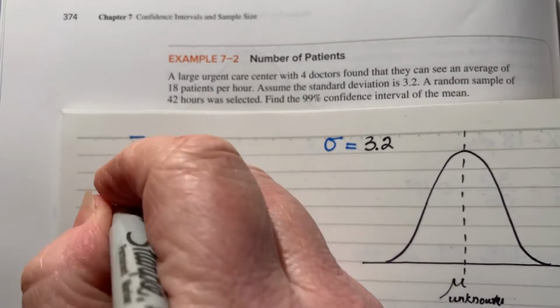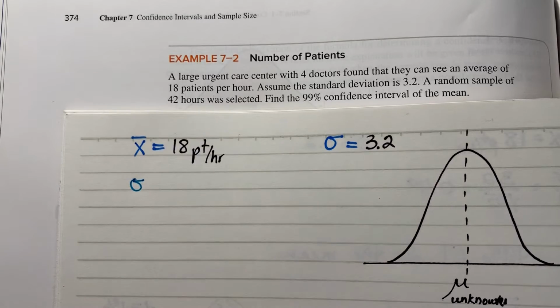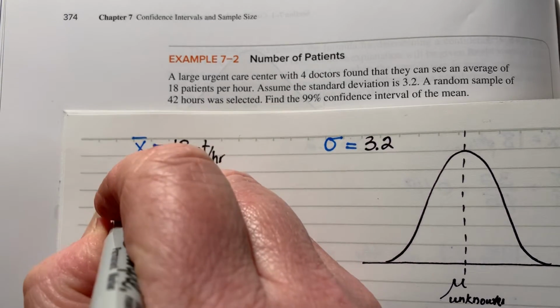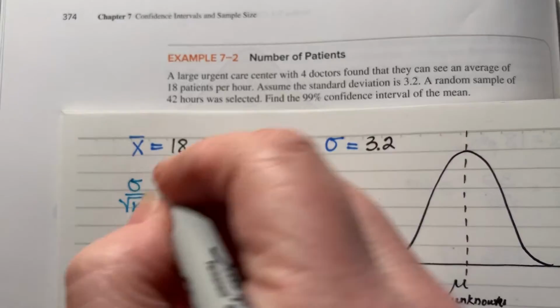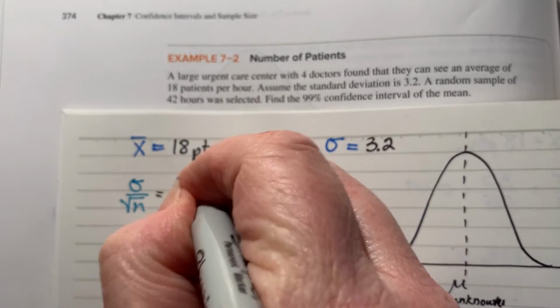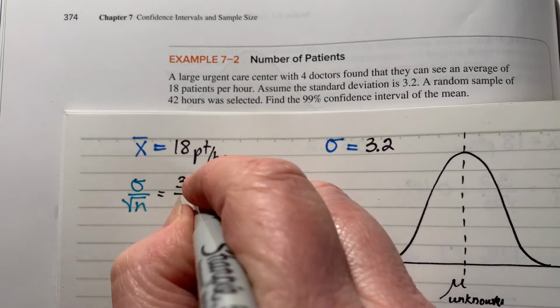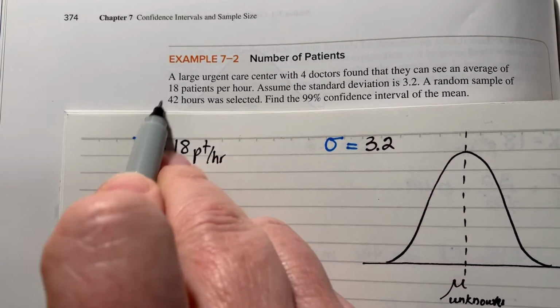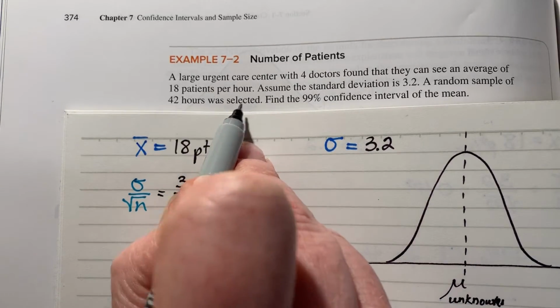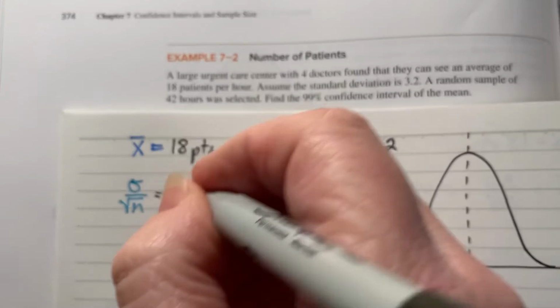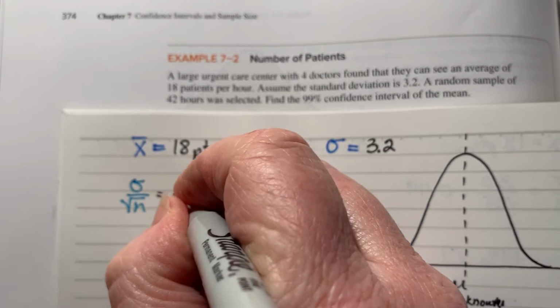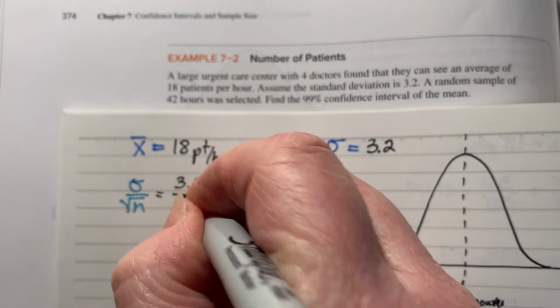So in our case, that is going to be sigma divided by the square root of n, all right? And I know that they gave me 3.2, and I know that 42 hours were selected. So we're going to be looking at a sampling distribution of all samples of 42 hours, okay?